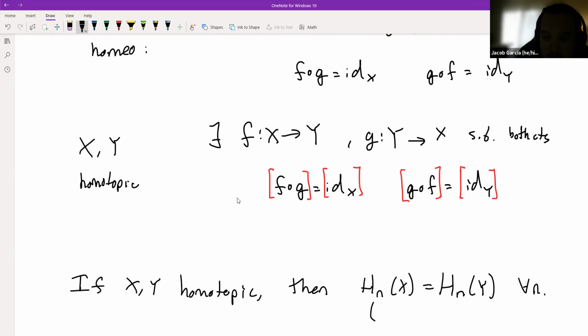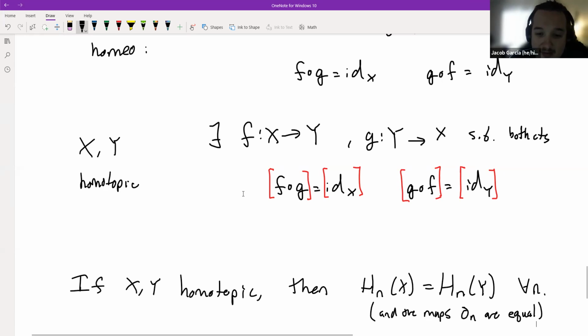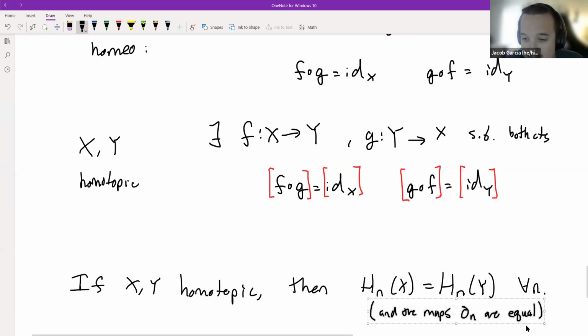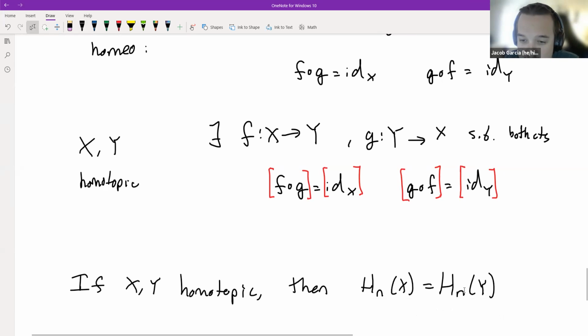And in fact, I also think that the maps d_n are equal as well, right? You get an exact equivalence of, okay, I should be more specific than that. I should just say H star X is isomorphic to H star Y.